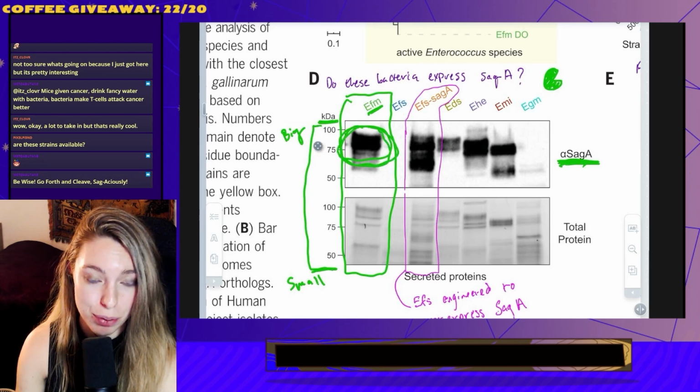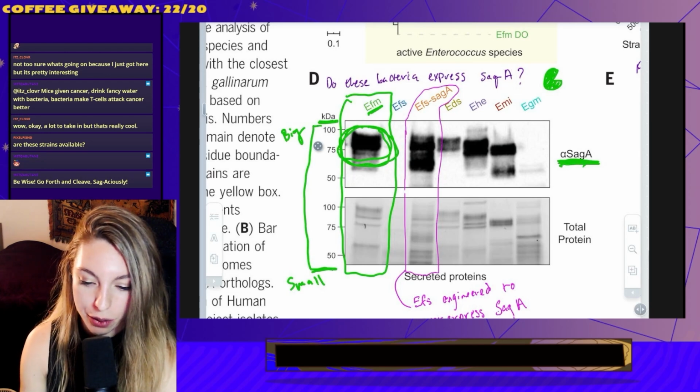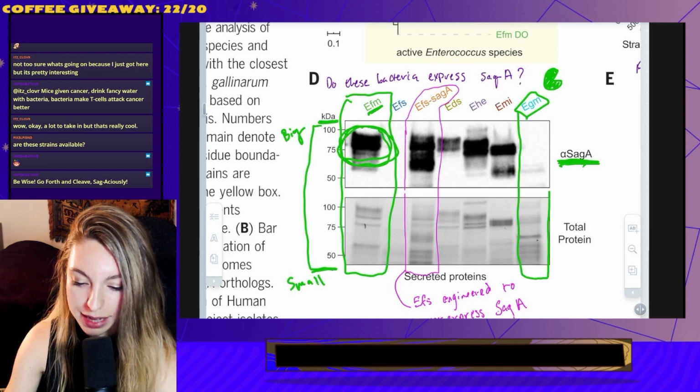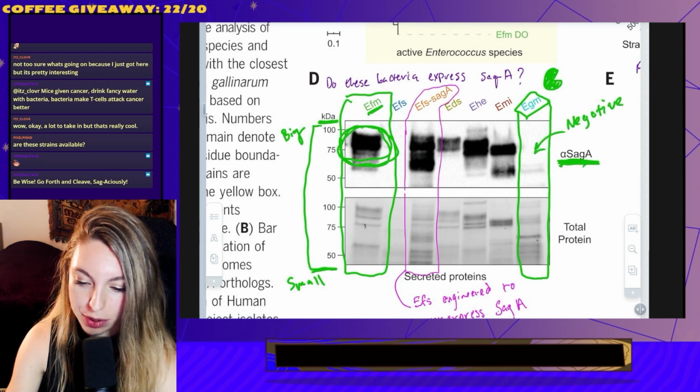If SagA is present, it'll make a black stain. Now, they used a negative control over here. I believe this is a bacteria that normally does not make SagA, and you can see that there's none. So this is the negative control, no SagA protein.